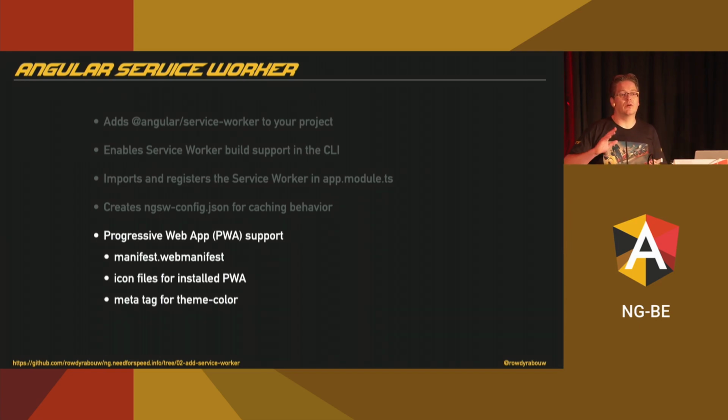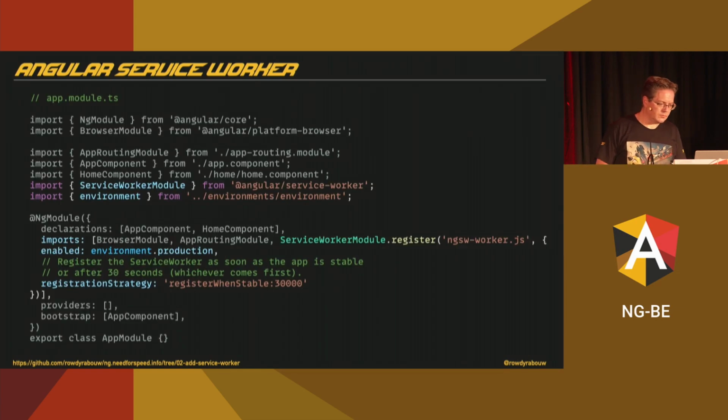If you want to make your app installable on a phone, for instance, to have an icon on the home screen, then you can use the things that are generated for you for this. But this is all about service workers, so I'm going to leave it like this.